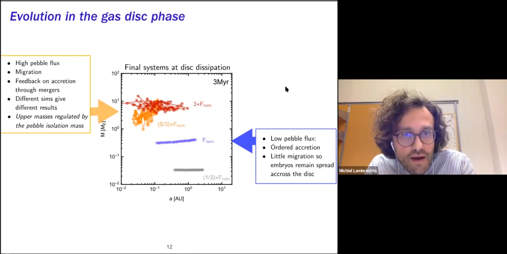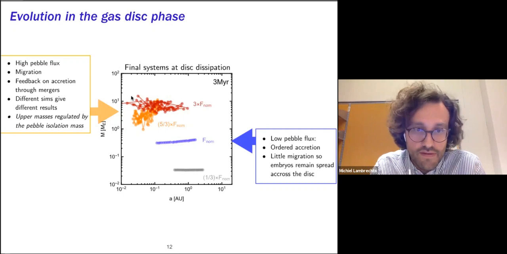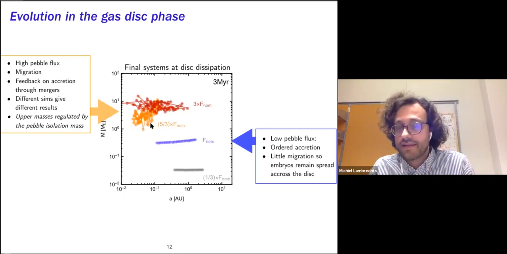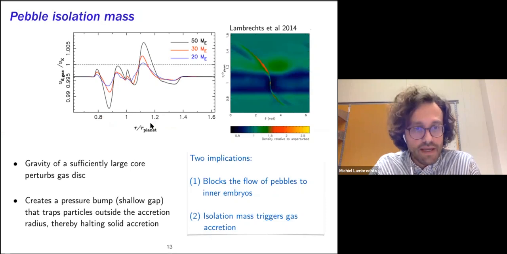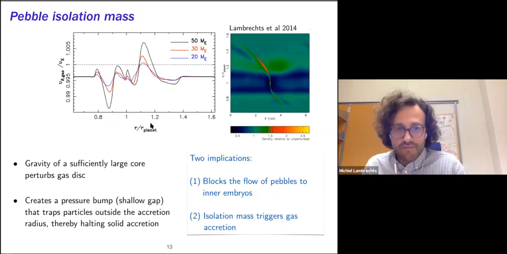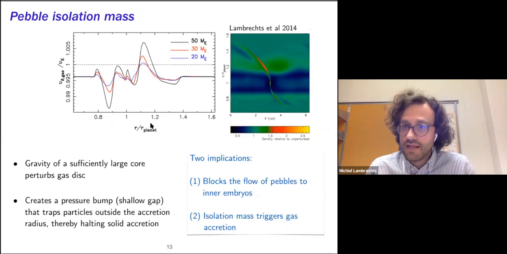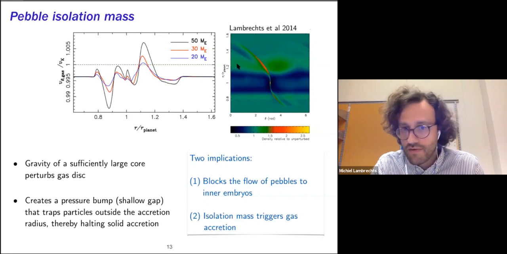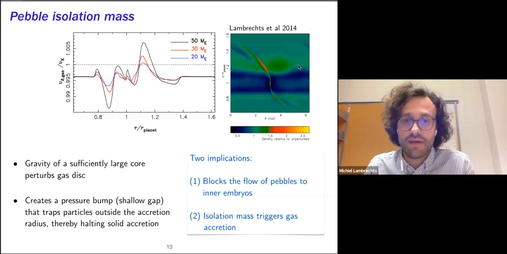But something maybe striking is that these bodies don't grow larger than basically 10 Earth masses, and that is because the upper masses are regulated by the pebble isolation mass. What do I mean with that? Well, if the gravity of the core becomes sufficiently large to perturb the gas disk, then this core drives small pressure bumps, which is sort of shown here, as increased density.